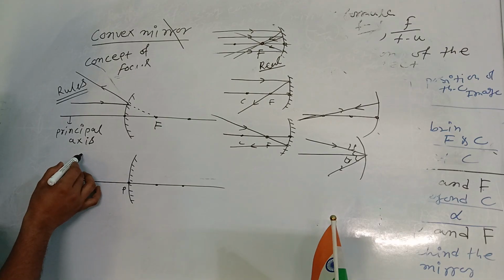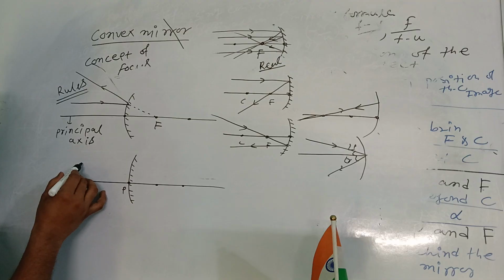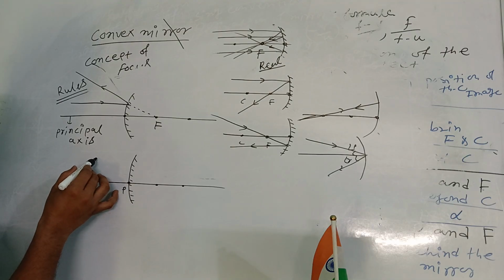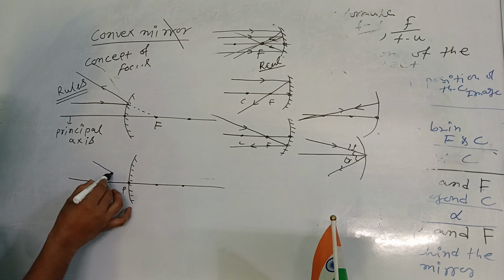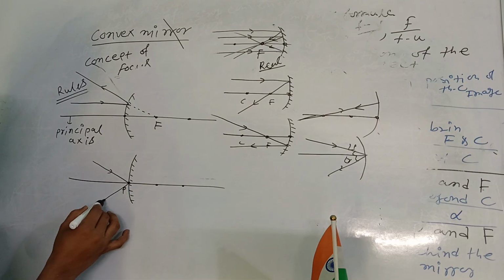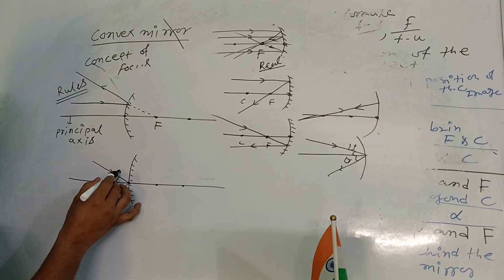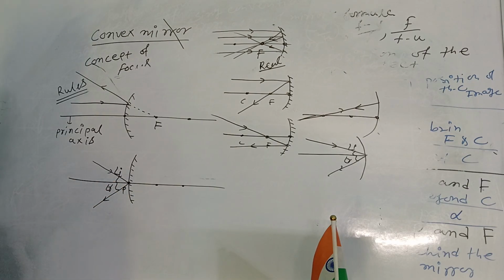So for example, some ray is coming like this. Normal incident, I am taking normal incident, or you can take oblique incident. So in case of oblique incident, this is the incident and it would be the reflected ray, so that angle I and angle R remain the same.